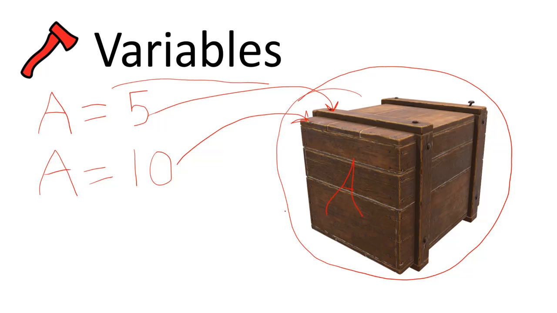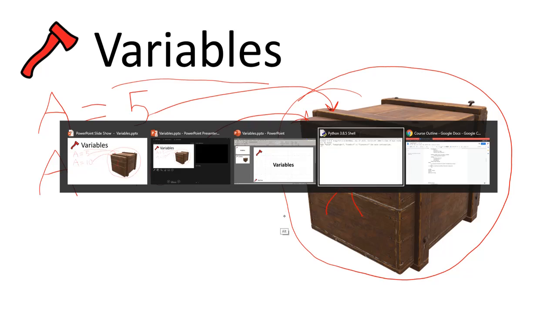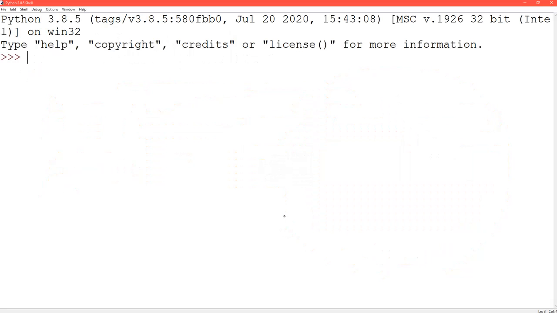So let's see what that looks like in the code. Go over to your Python editor. And again, so we'll start with just A and then equals, let's just say 5. Hit enter. Now it's not going to print anything out like previously when we were doing strings.